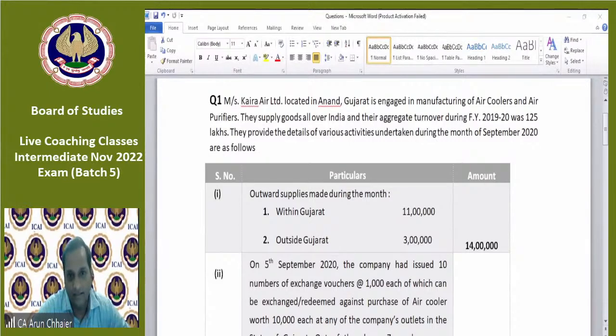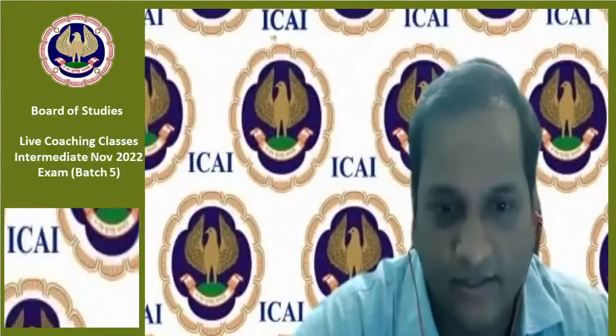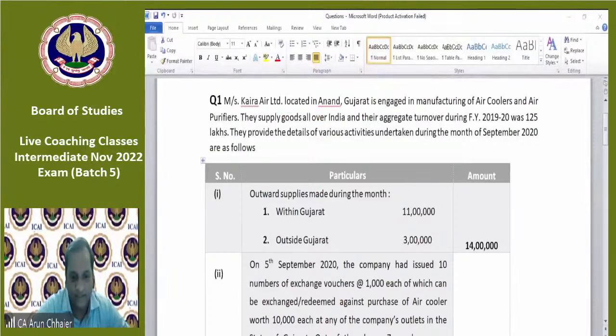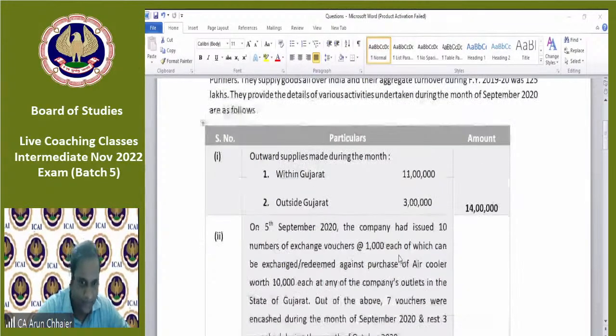It is called intrastate supply. Which tax would be charged?